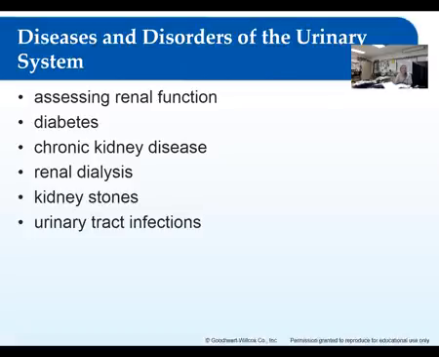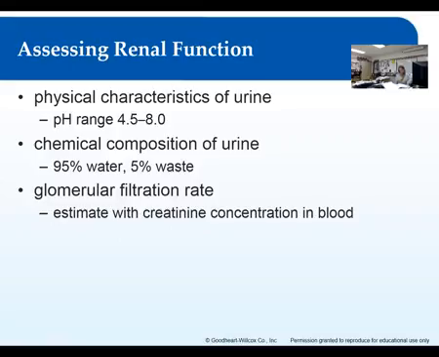Blood tests can too, because obviously the kidneys filter the blood, so we know that they have a big blood component as well. But a lot of times the urinalysis is really easy to do, and you can do it really quickly. You usually use a dipstick, and it's got different colors on it if things are present or not. But anyway, we'll look at some different diseases and disorders.